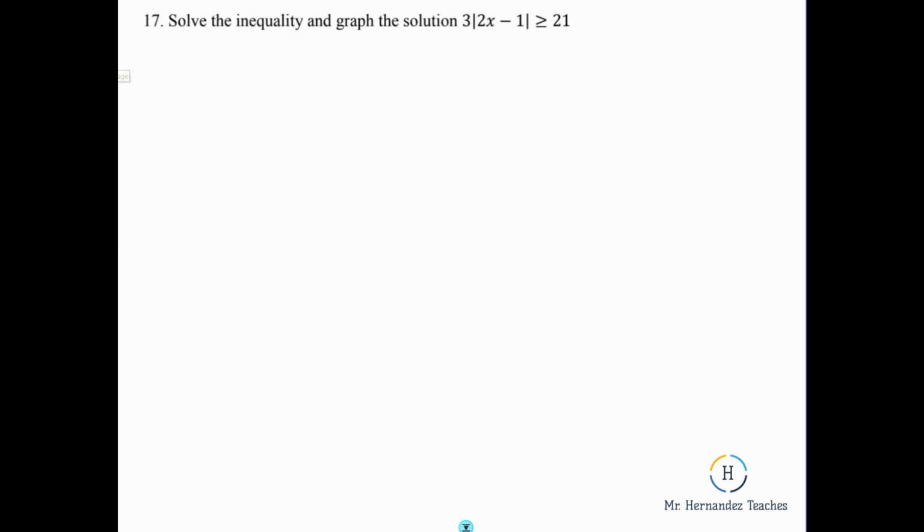All right, number 17, solve the inequality and graph the solution. Hopefully this one isn't as annoying as the first one we did. So let's look at it. Isolate the absolute value first, so divide both sides by 3. The absolute value of 2x minus 1 is greater than or equal to 7.